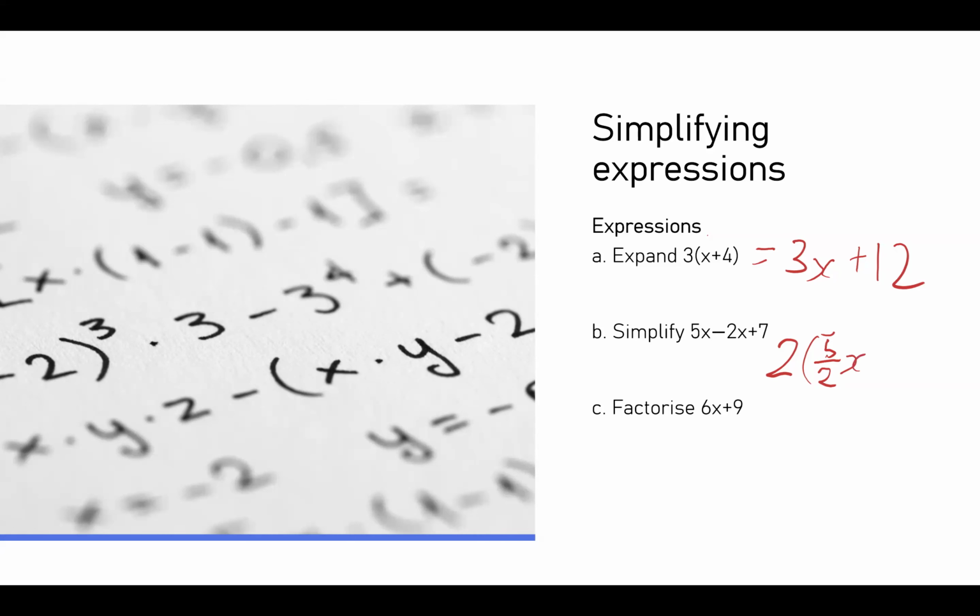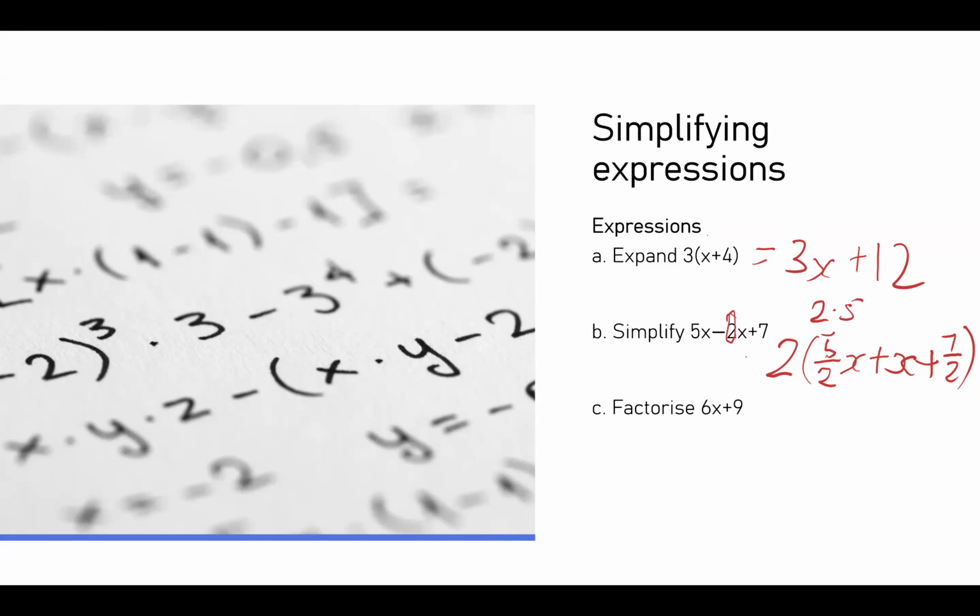So all I've done is take out the 2 and then divide everything by 2. 5 divided by 2 is 5 over 2, which you can write as 2.5.